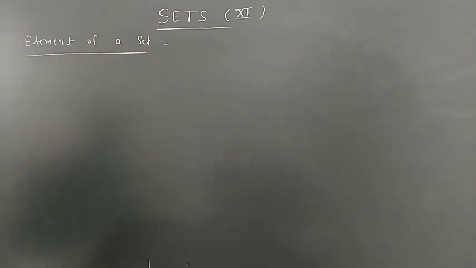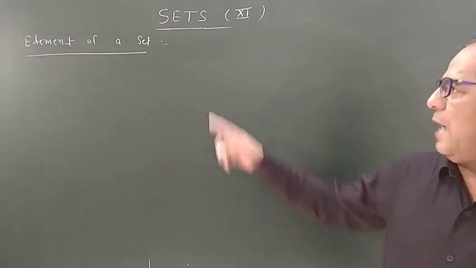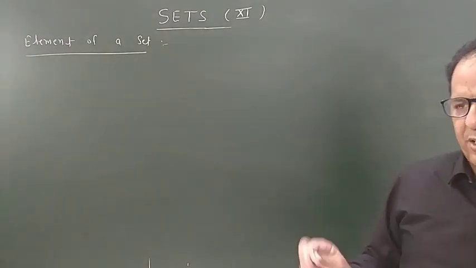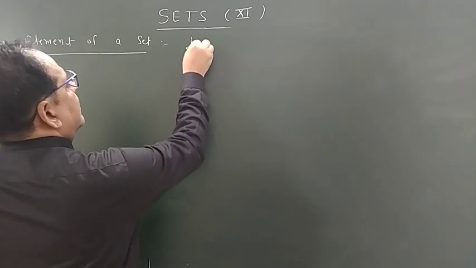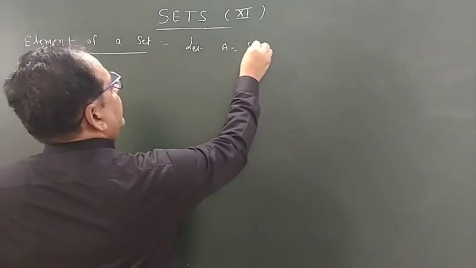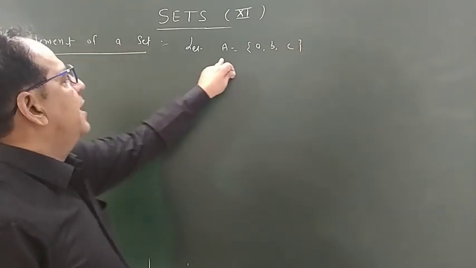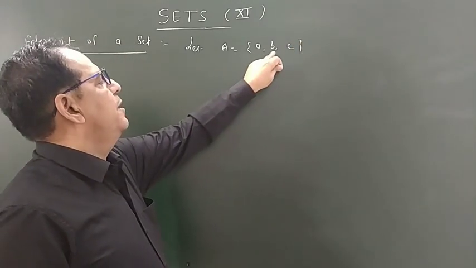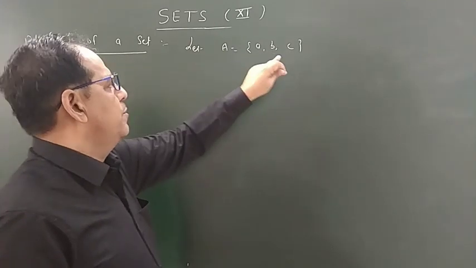Now I am taking another concept related to sets: element of a set. Let A equal to {a, b, c}. A is the collection of 3 letters of the English alphabet, denoted by small a, small b, small c.